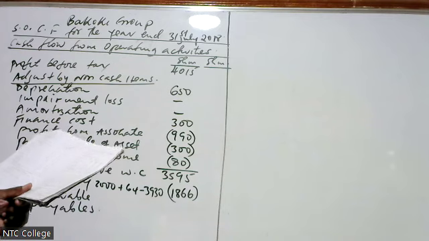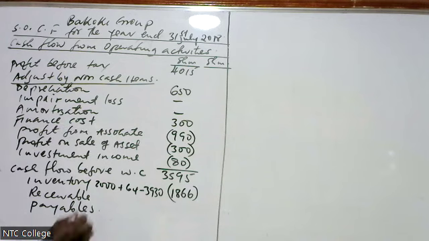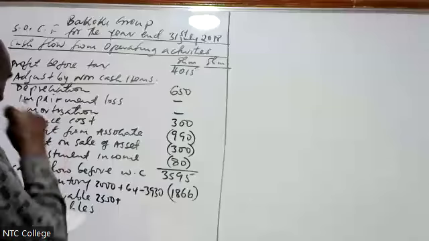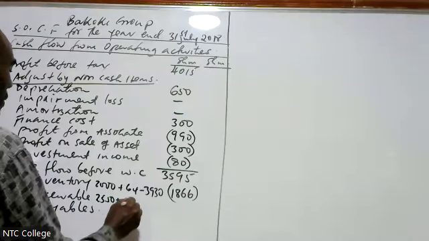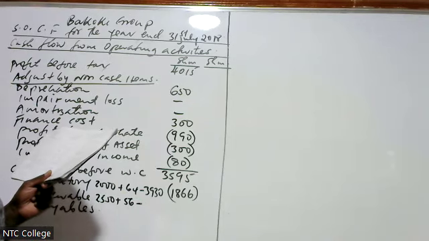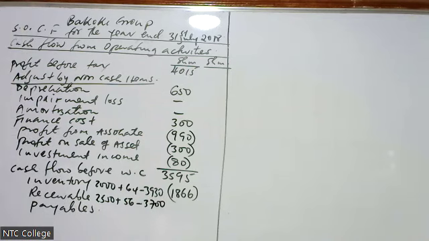Receivable previous balance, receivable from the balance sheet, 2550, plus subsidiary acquired 56. Then you compare with what you have at the end, receivable that 3,700.